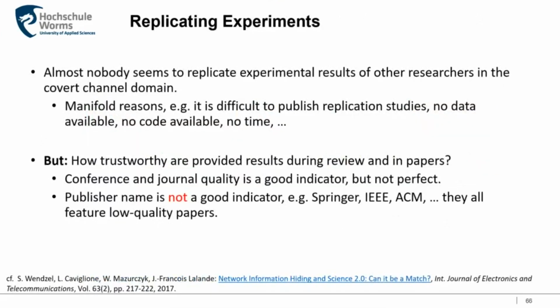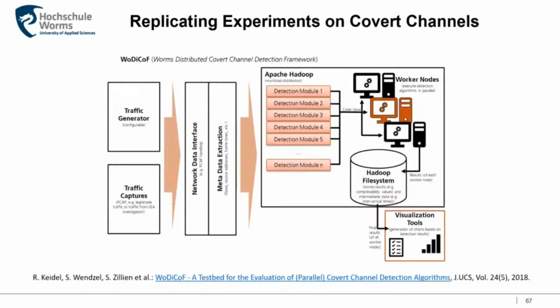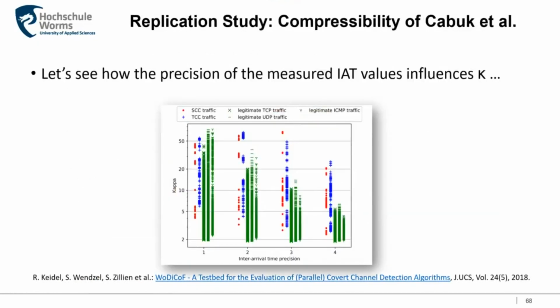We also replicated several experiments with a test bed we call the Worms Distributed Covert Channel Detection Framework. And we replicated these classical experiments. The interesting thing is, maybe due to a lack of space, the original papers never explain everything and all the problems such methods have.